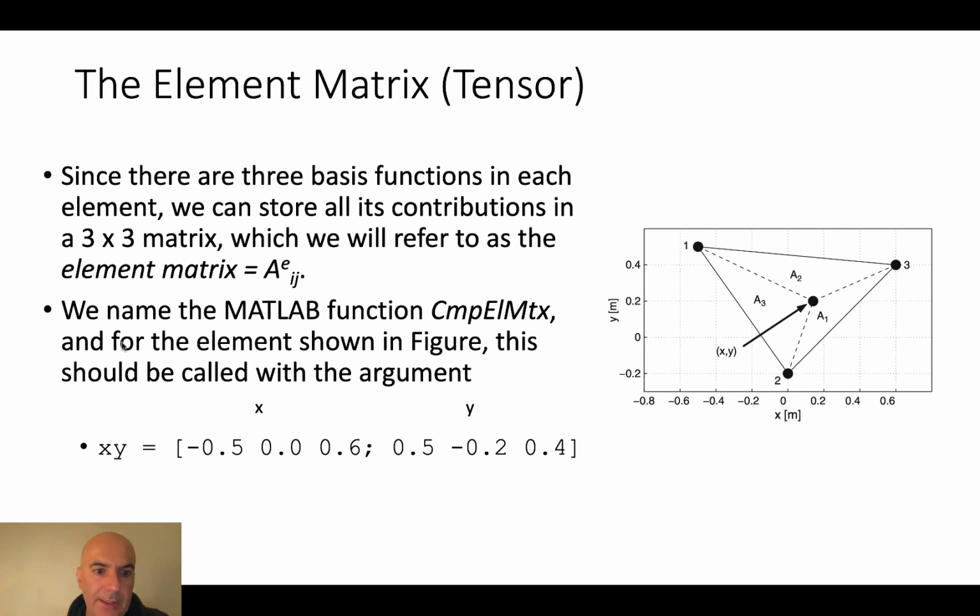So in this case, we provide as an input the x coordinates of the 3 points, and then the y coordinates of the 3 points. So we give as an input the coordinates of the nodes of the element, and we get as a result the 3 by 3 matrix.